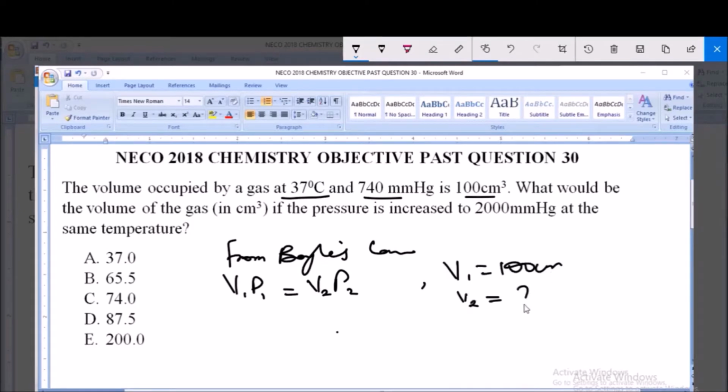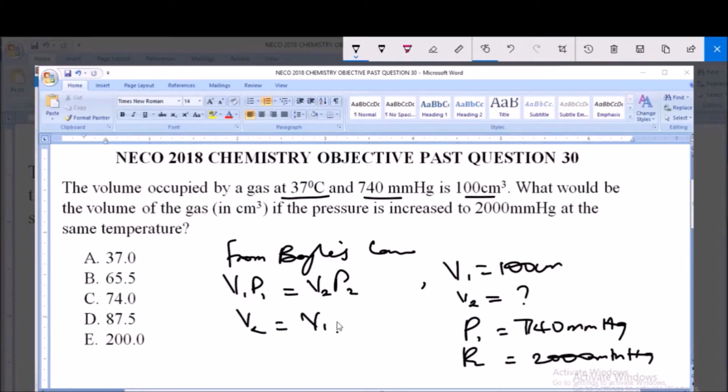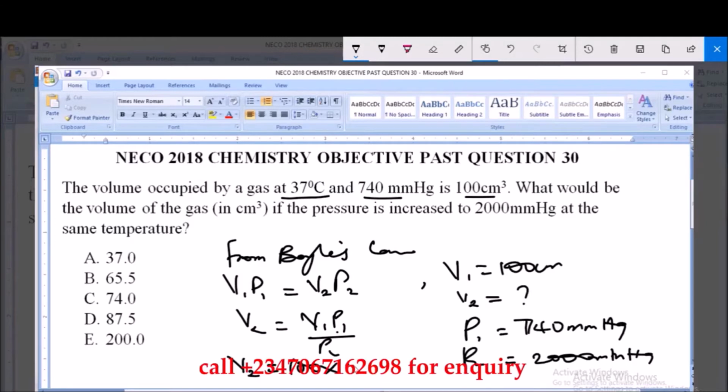V2 is what we're looking for. P1 is equal to 740 millimeter mercury, and P2 is 2000 millimeter mercury. So from this formula we can say V2 is equal to V1 P1 all over P2, and V2 is equal to 100 multiplied by 740 all over 2000.